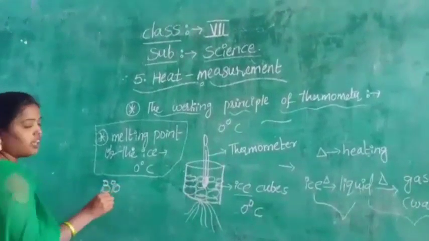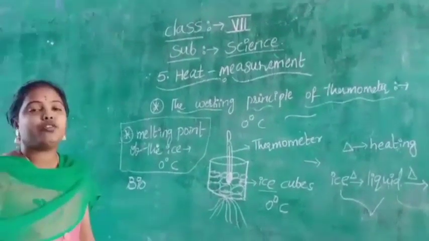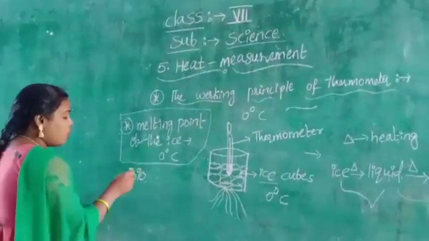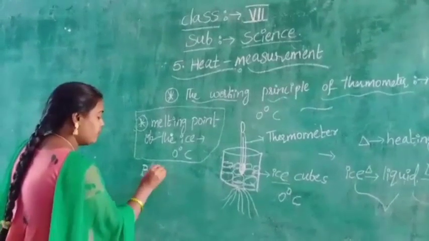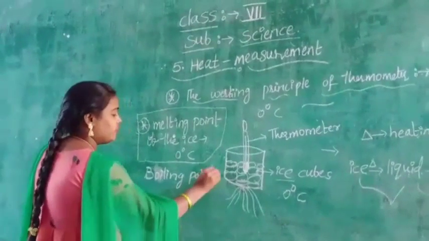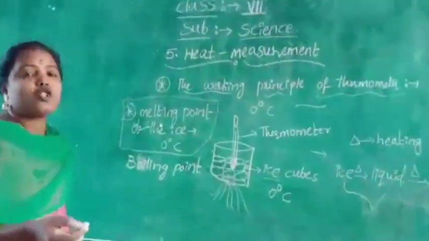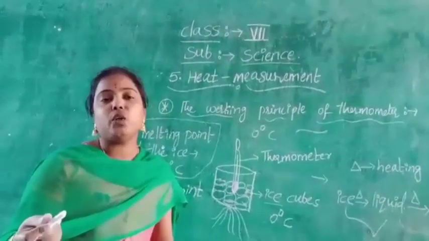Very important. You will get this topic again in 8th, 9th, 10th and higher classes also. What is called the boiling point? The temperature at which liquid is converted into vapor.